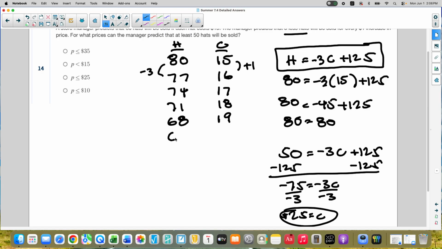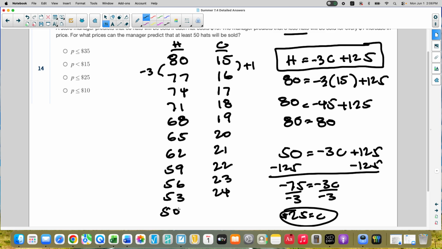Let's keep going and see when we get to 50 hats. My cost will be $25 per hat. So we'll go 65 is 20, 62 is 21, 59 is 22, 56 is 23, 53 is 24 and 50 is 25. Mr. Mac, why didn't you just do that? I could have, but I just want to challenge myself.